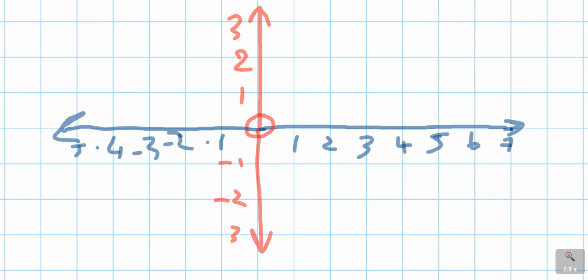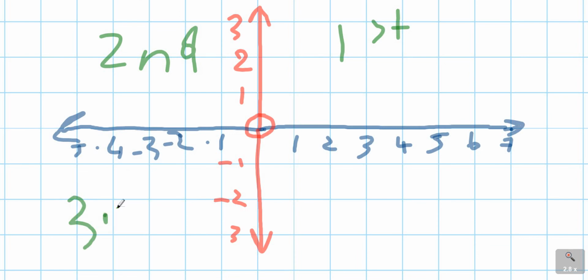So this is the first quadrant, this is the second quadrant, this is the third quadrant, and this is the fourth quadrant. The Cartesian plane has 4 quadrants. Not every Cartesian plane that you draw will have 4 quadrants, because sometimes you don't need negatives.